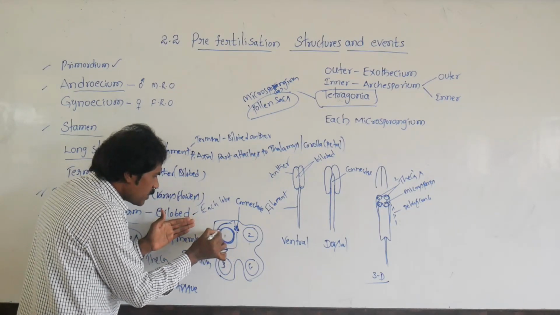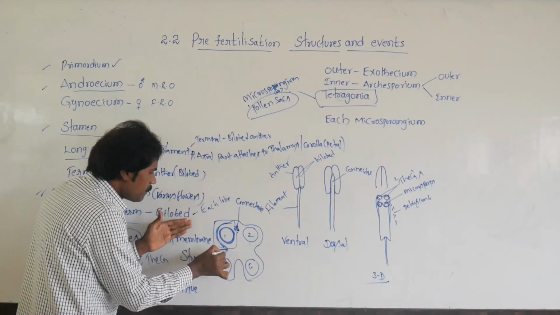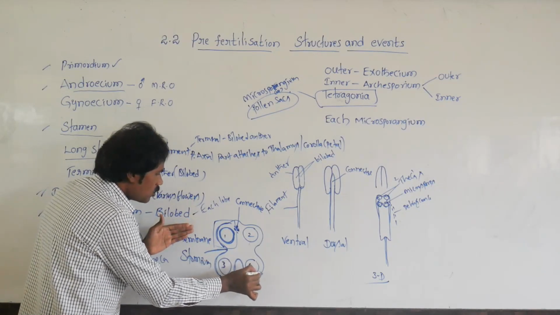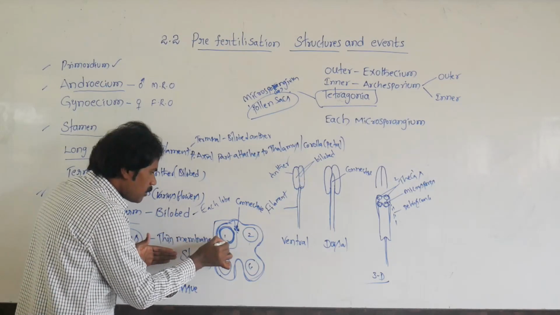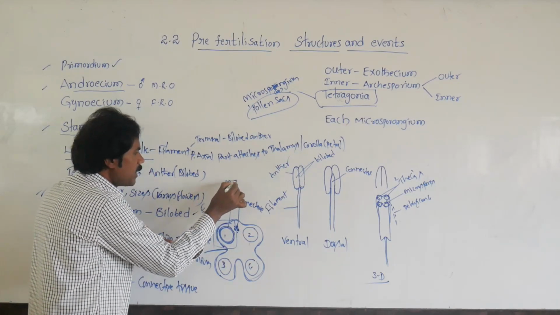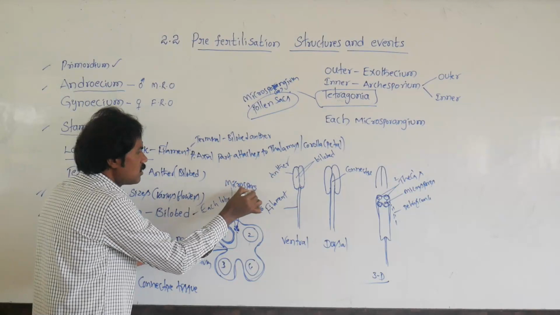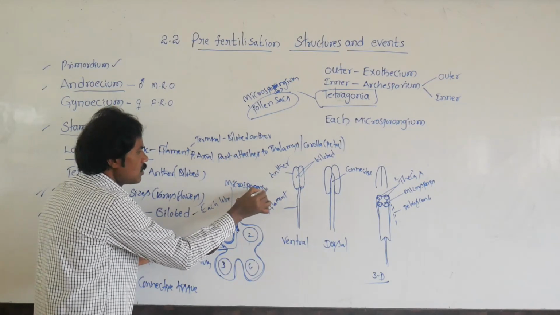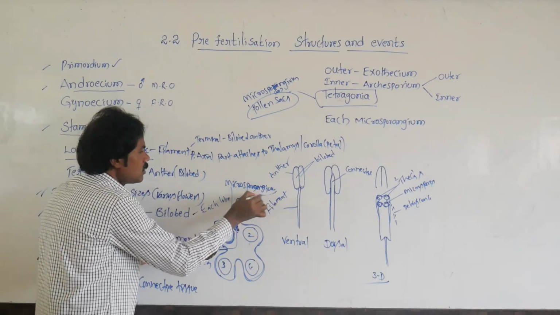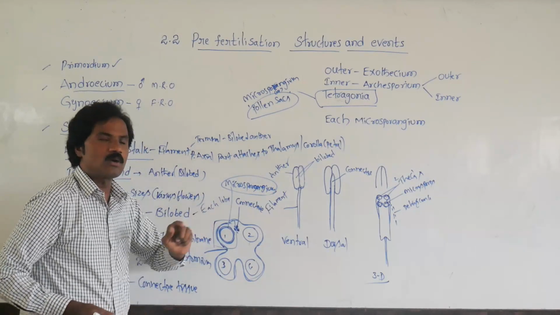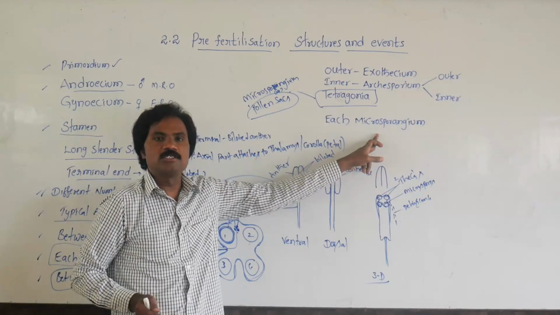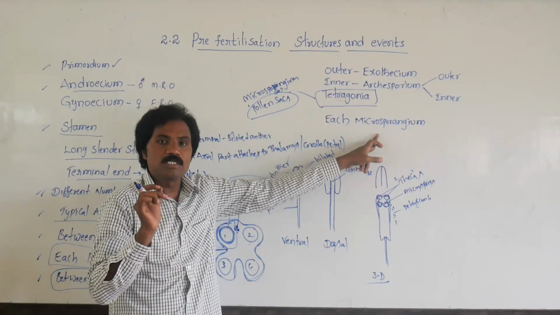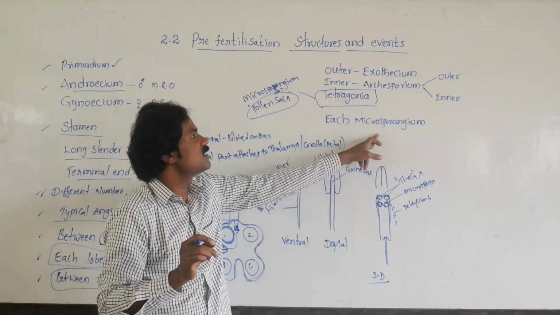This is the outer membrane, a common outer membrane throughout all the microsporangia. The spherical part only we call the microsporangium. Then in each microsporangium, let us see how the particular cells are formed.